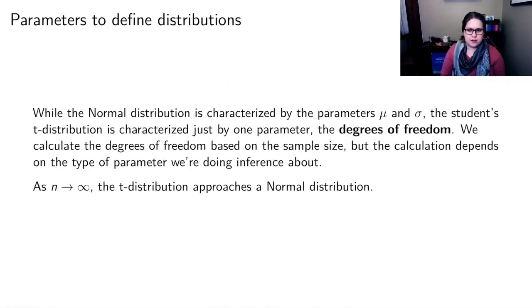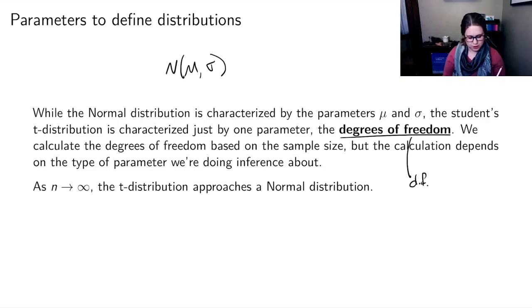When we are defining the normal distribution, we just say it has mean mu, standard deviation sigma, and then we can characterize the normal distribution as mu, comma, sigma. The t-distribution only has one parameter, and it's not the mean or the standard deviation, it is the degrees of freedom. So this is a new idea, the degrees of freedom. I often abbreviate it as df, and we calculate the degrees of freedom based on the sample size.